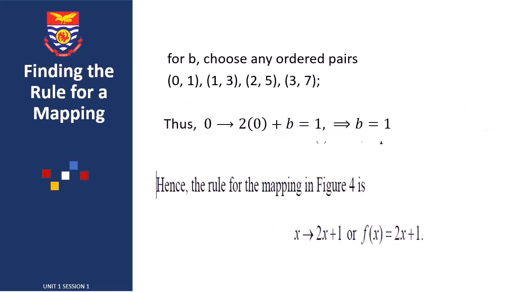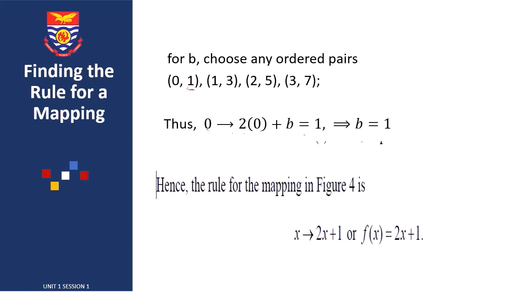For b, these are the domain and the corresponding images. You choose any of them and put it into the function to get your b. Here I have selected 0 and 1. It means x maps to 2 times 0 plus b.